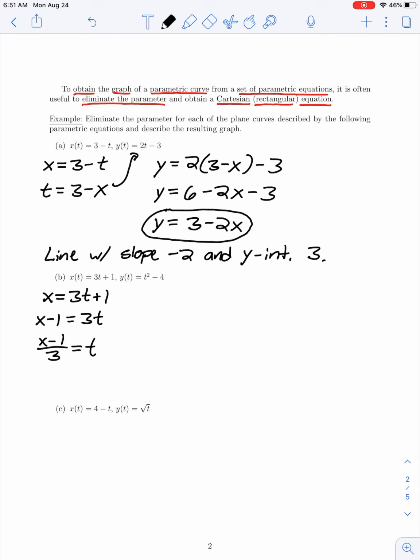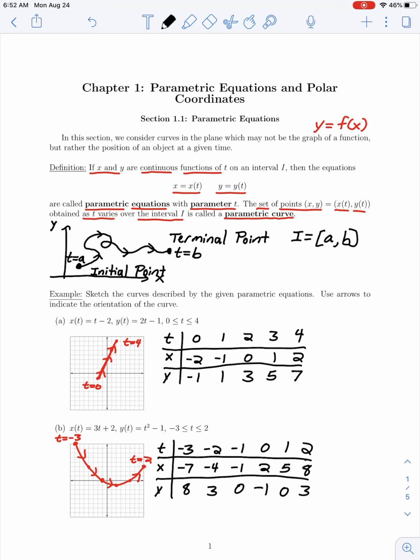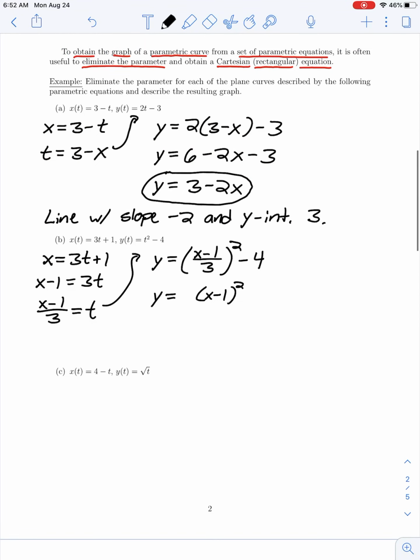So once I have t in terms of x, I can take that expression and substitute into my equation for y, and we have y is t squared, so here ((x minus 1) over 3) squared, minus 4. Or simplifying this a little bit, this is the same as (x minus 1) squared divided by 3 squared, or multiplying by 1/9, minus 4.